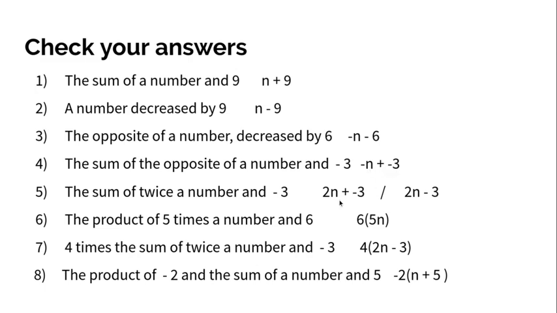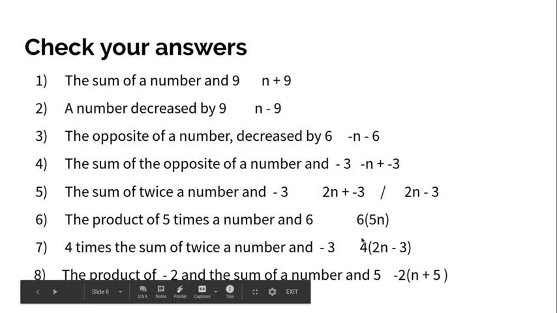The sum of twice a number and -3, which simplified, we can put it like that. The product of 5 times a number and 6 is this. And then 4 times the sum of twice a number and -3.